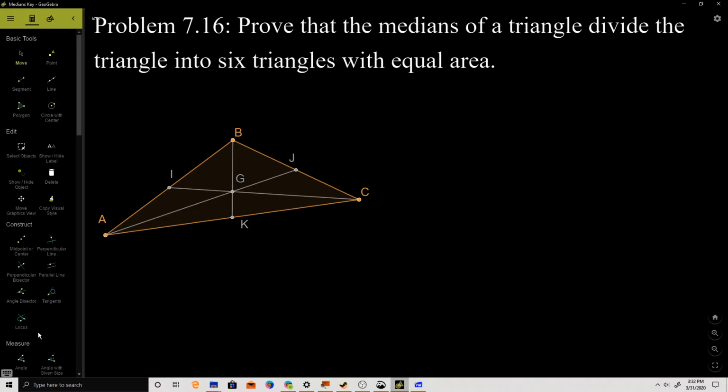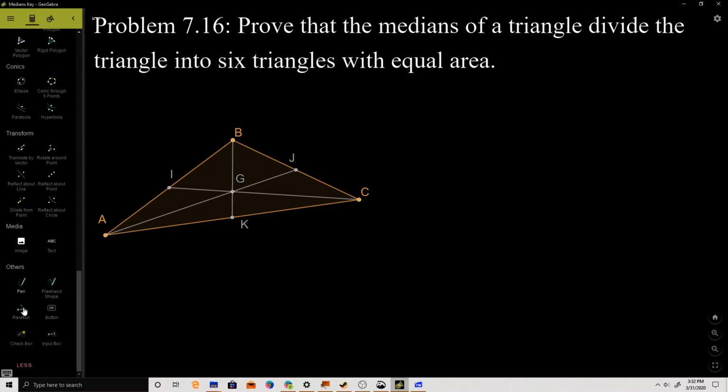So, how can we get started? Well, first of all, let's just write out everything we know about medians, which is that the medians go from the vertex to the midpoint of each side. So, J must be the midpoint of BC.